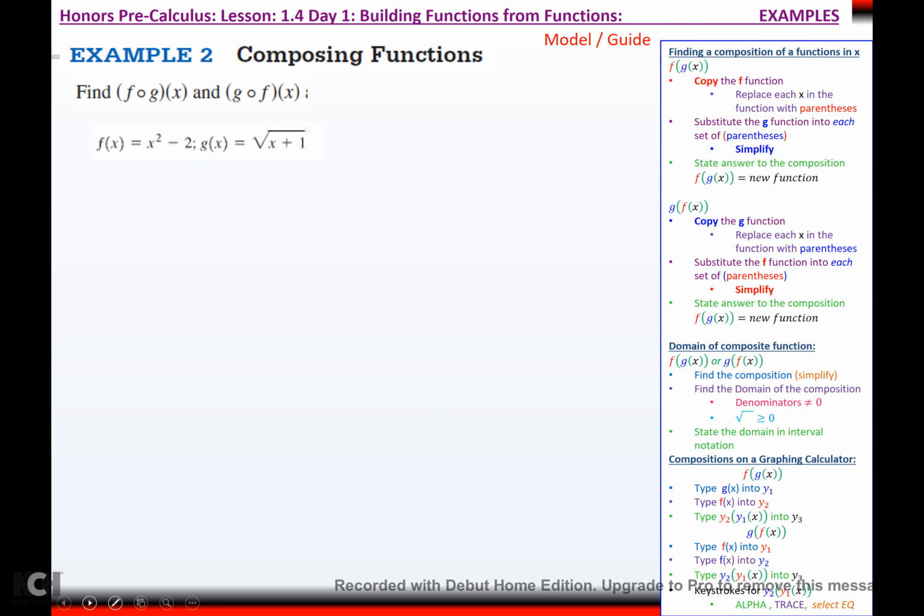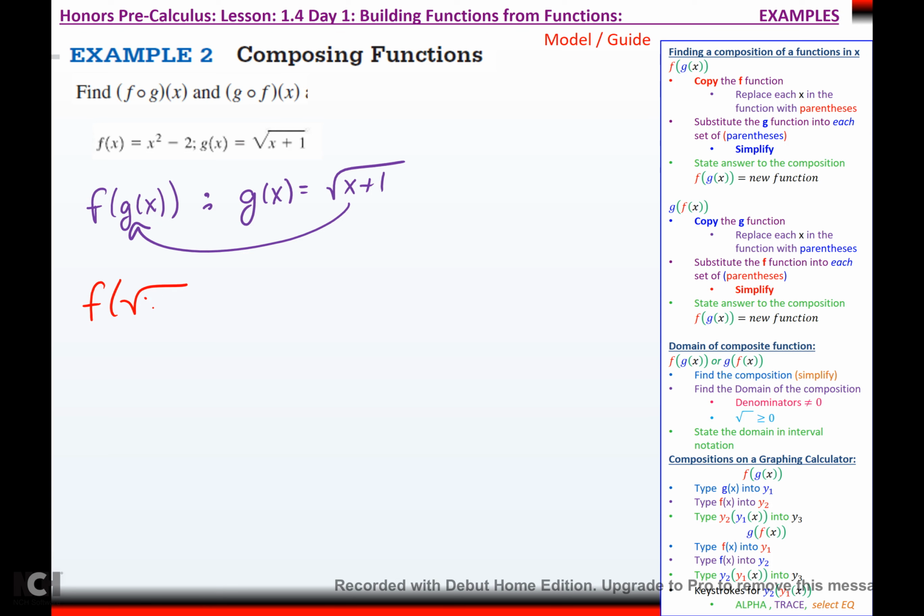Alright, f of g of x, and g of f of x. If I do f of g of x first, this says start with the g of x function, which is the square root of x plus 1, and take it to the f function. The f function says square what you brought, minus 2. I brought the square root of x plus 1.